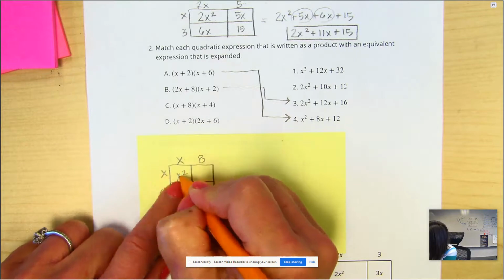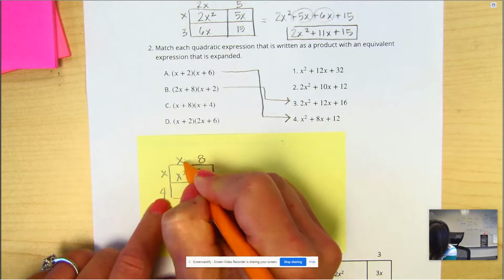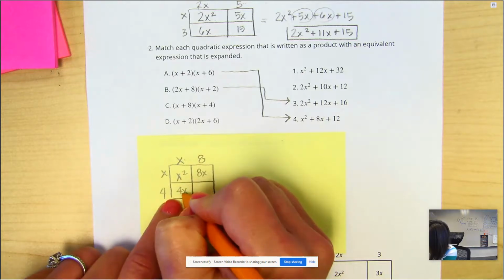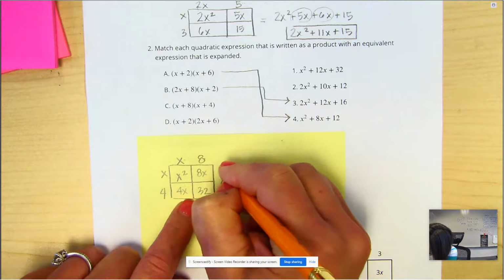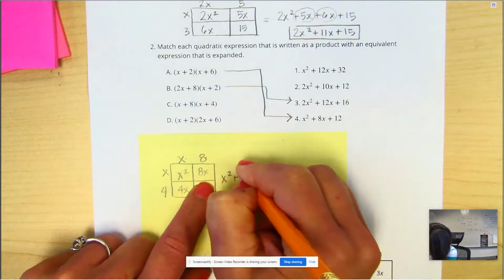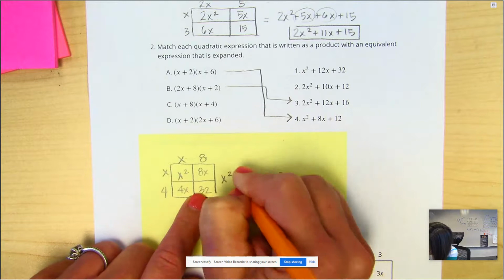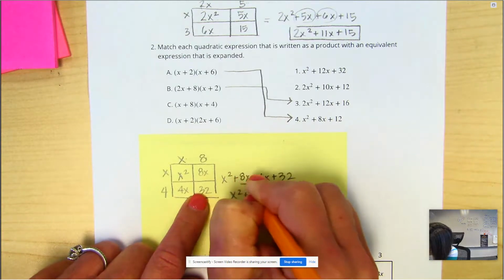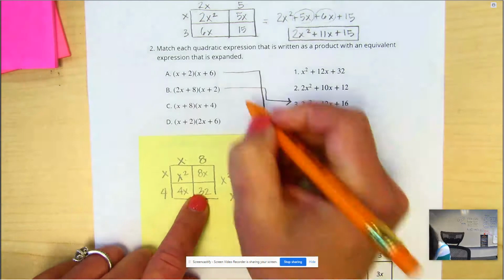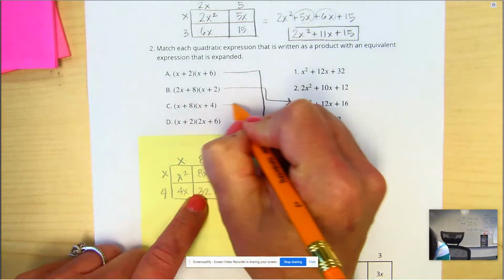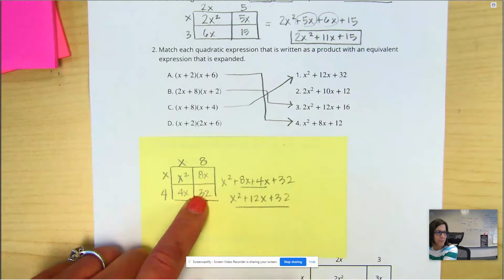Okay, multiplying. 8 times an x, 8x. 4 times an x, 4x. 4 times an 8, 32. X squared plus 8x plus 4x plus 32. These go together. Okay. Letter C is 1.